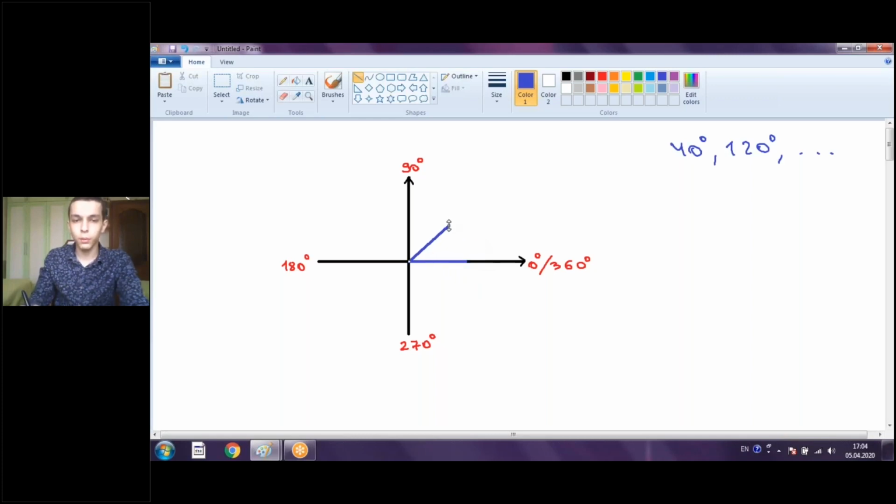So for example, 40 degrees will be here, approximately. It's the first quadrant. So here it's 90 degrees, exactly 90 degrees.